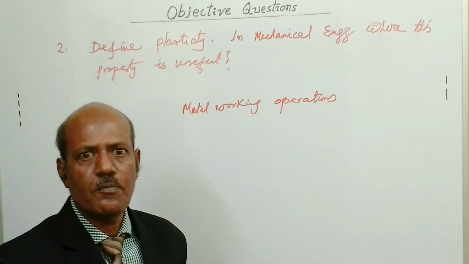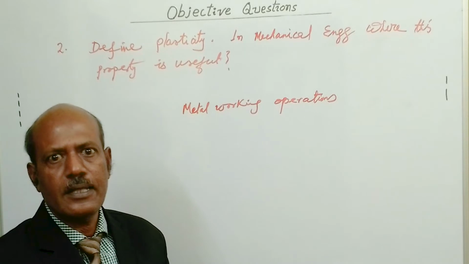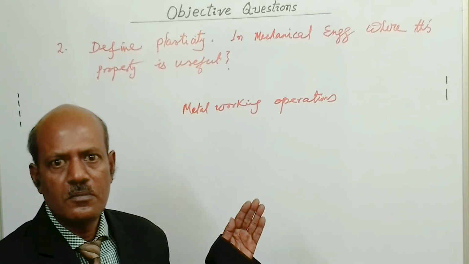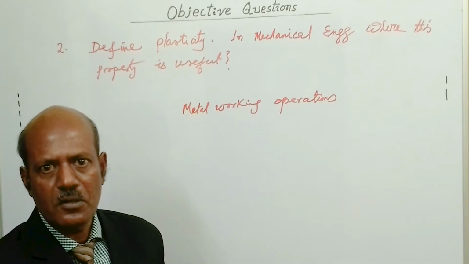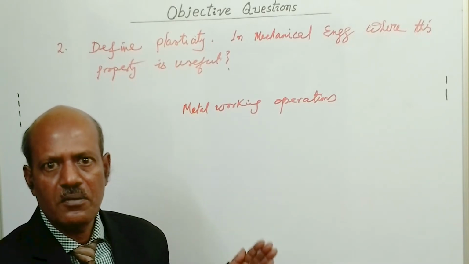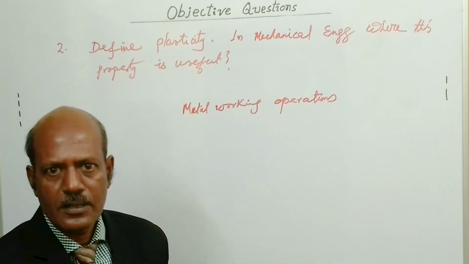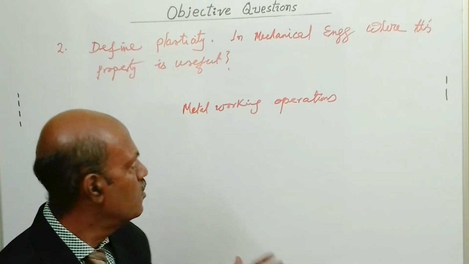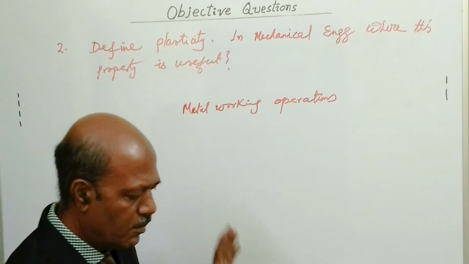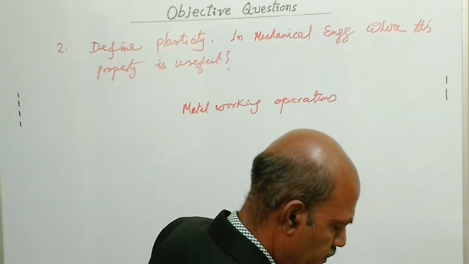Where the products are formed by applying force, and after removal of the force the body will not regain its original shape and size, so the permanent state will remain in the body and the products are produced. So for metalworking operations this property is very much useful.